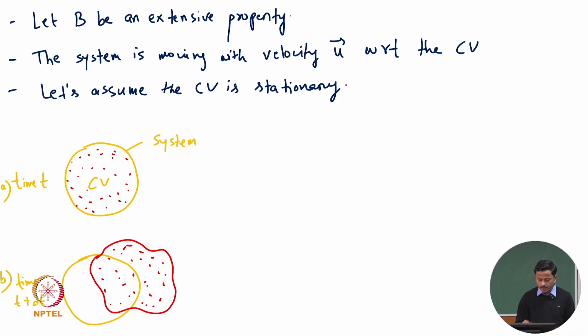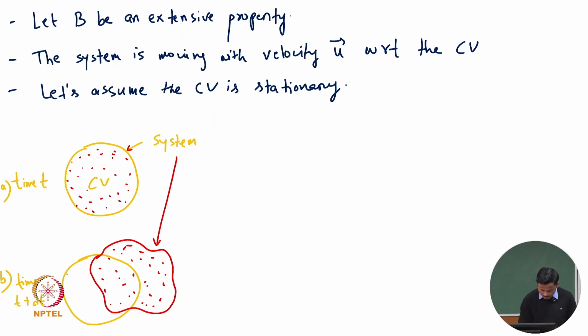The system can change shape with time, of course, but the amount of particles in the system will remain constant. So this is now the system at time t plus dt. The system was coinciding with the control volume at time t, and at t plus dt, it has moved out with velocity u.